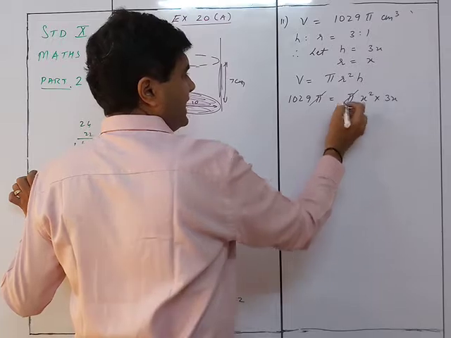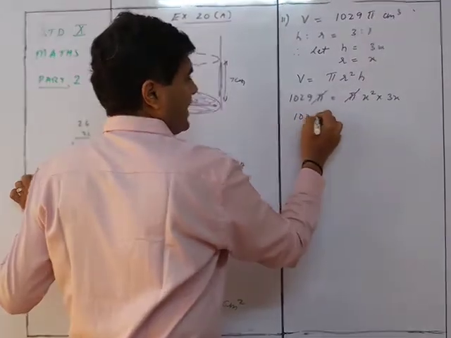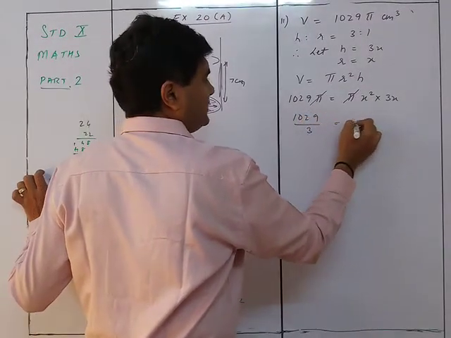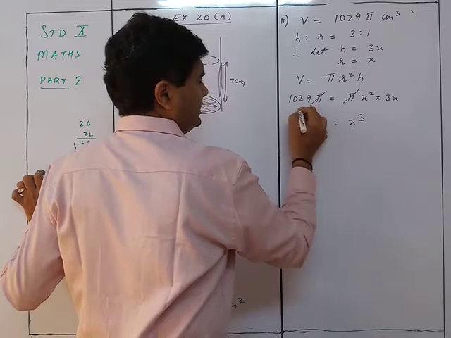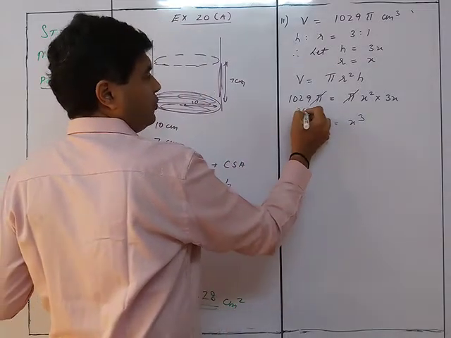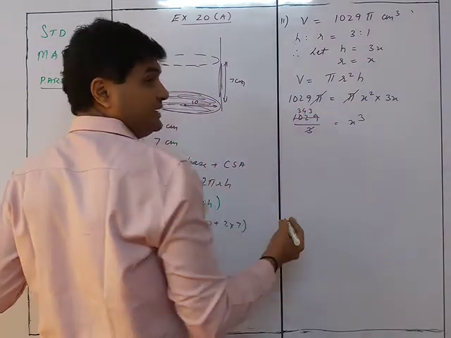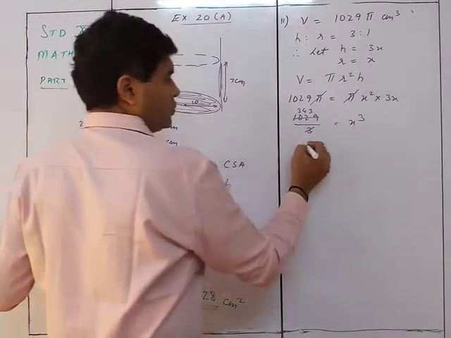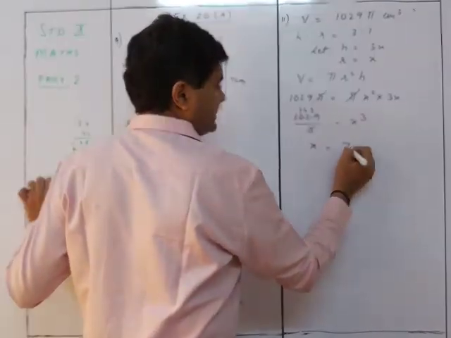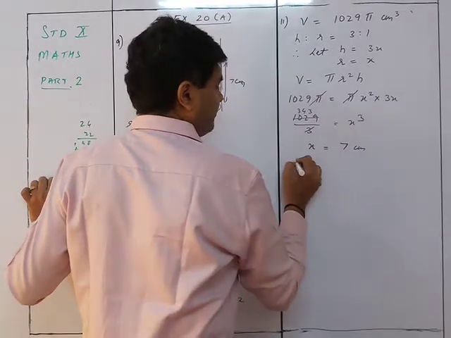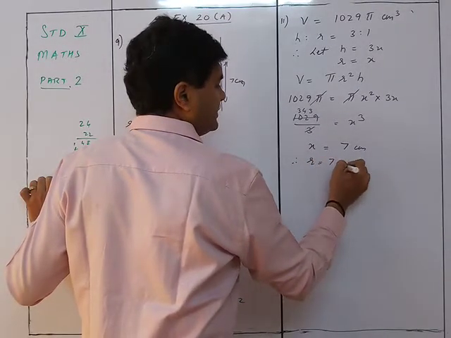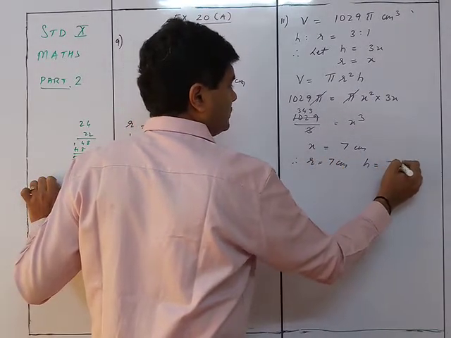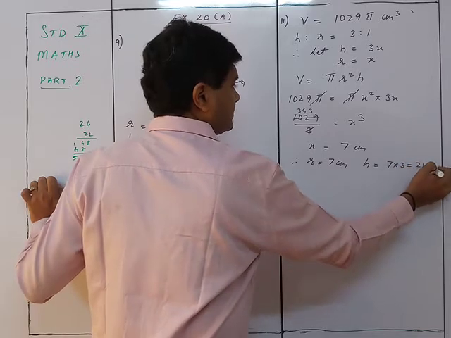So pi gets cancelled. So 1029 upon 3 is equal to x cube. So this gives you 343, which is nothing but 7 cube. So x is equal to 7 centimeters. Therefore radius is equal to 7 centimeters and h is equal to 7 into 3 is 21 centimeters.